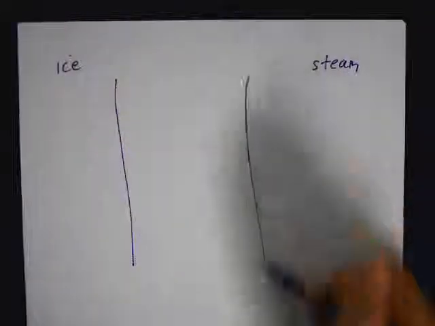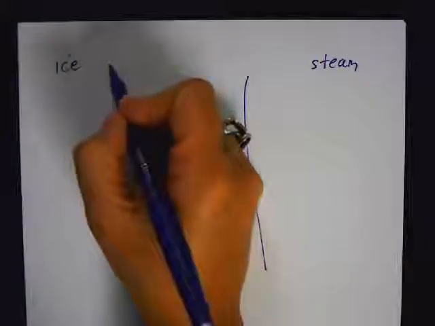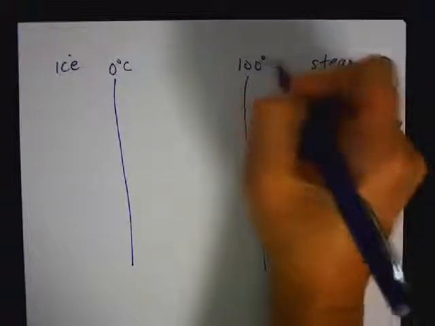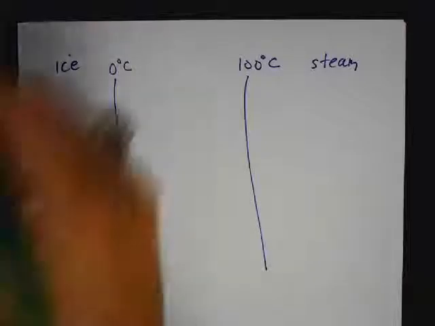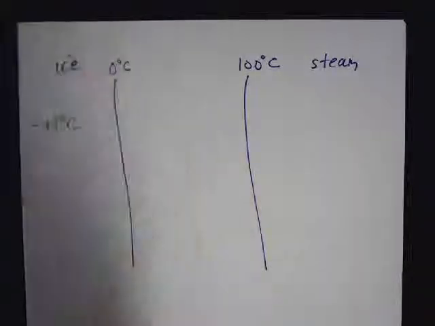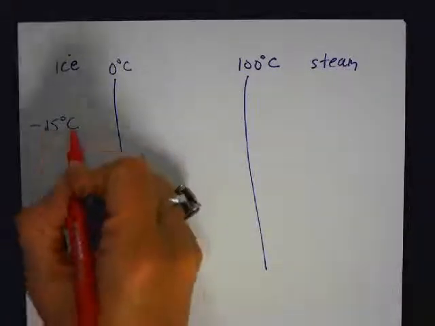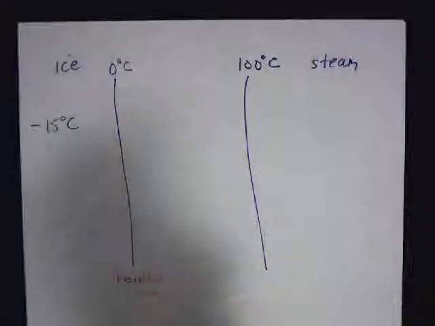Now, let's say I have ice at, I know that the change of state occurs at 0 degrees Celsius. Another change of state occurs at 100 degrees Celsius. So let's say I have ice and it is negative 15 degrees Celsius. Okay?